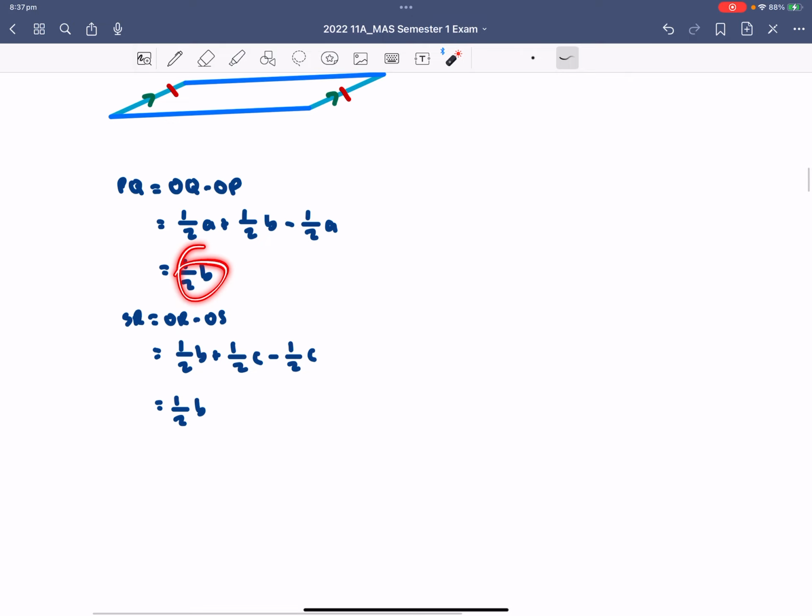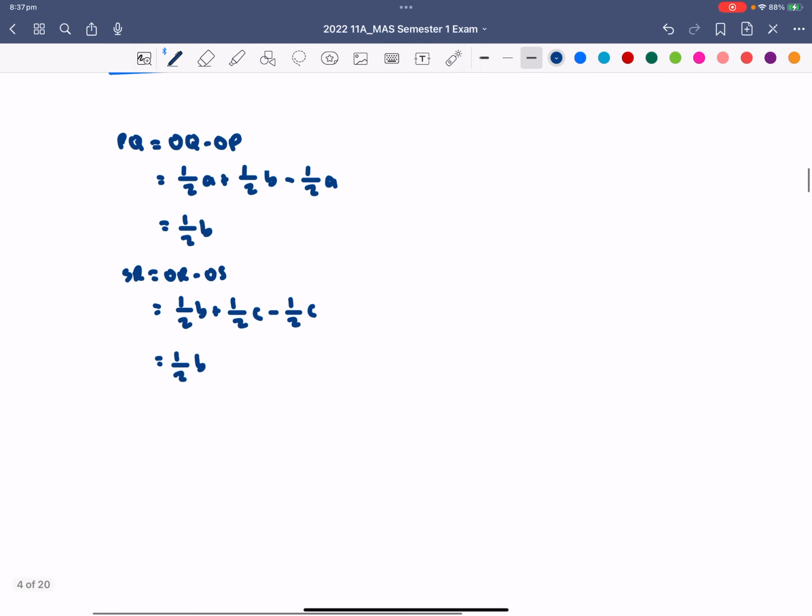We have just proven that therefore the vector PQ equals the vector SR. And if the two vectors are equal, you've proven two things.